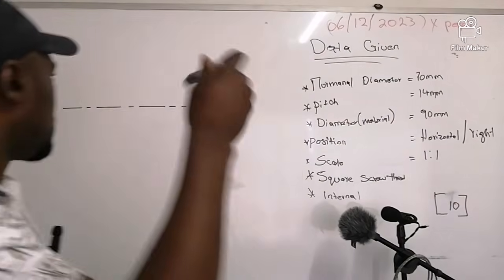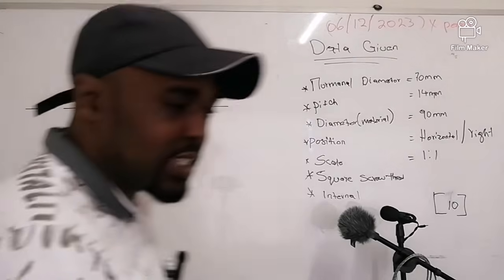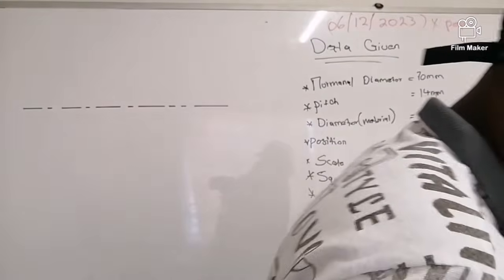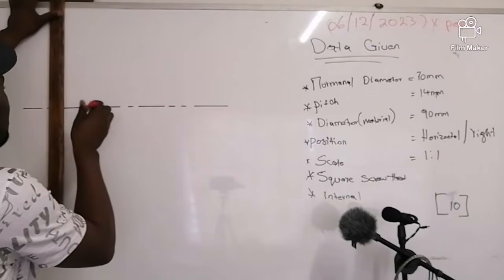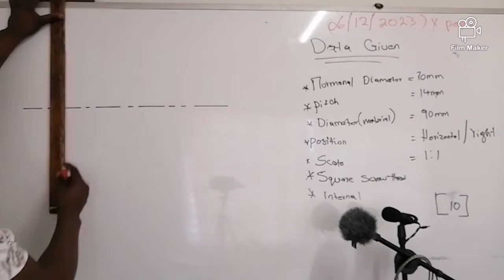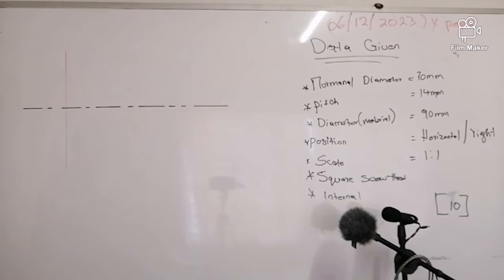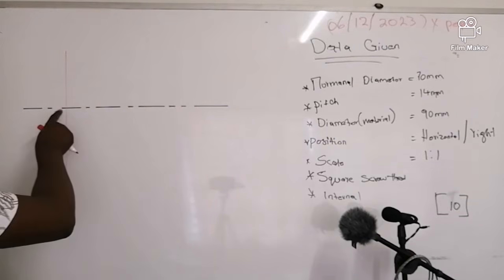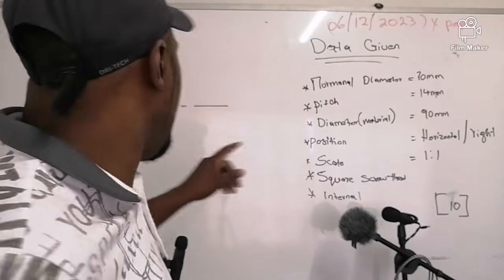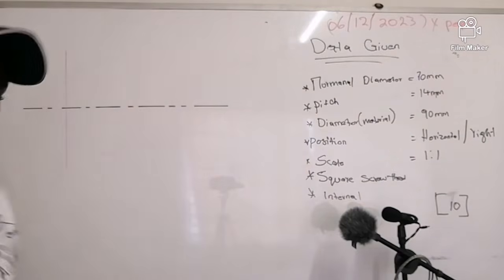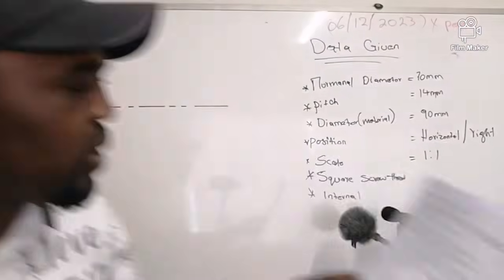All the lines that I'm drawing with a black marker are supposed to be drawn dark in your drawing, because we have what you call a constructional line. So from this point, they set the length of the square screw thread that we are drawing.